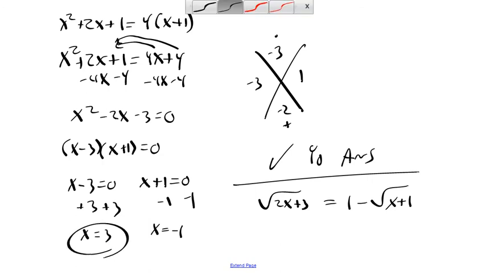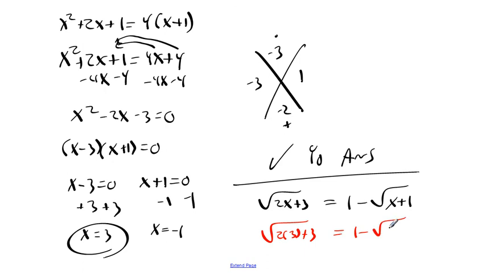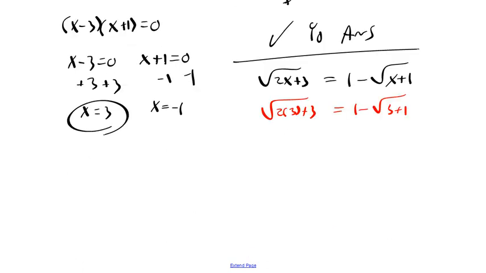All right? So if I plug in 3, that's radical 2 times 3 plus 3. Is that equal to 1 minus radical 3 plus 1? Well, let's see here. 2 times 3 is 6, plus 3, so that's going to give us 9. Square root of 9 is 3.